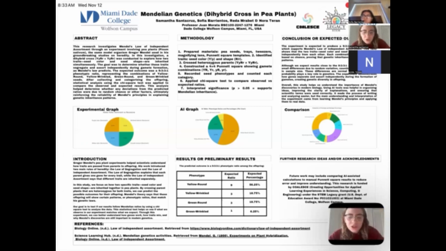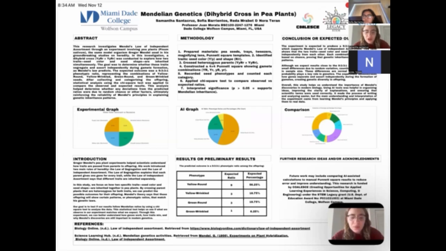Our conclusion, or expected outcomes. The experiment is expected to produce a 9:3:3:1 phenotypic ratio, which supports Mendel's law of independent assortment. This ratio shows that the two traits, seed color and seed shape, are inherited independently from each other.